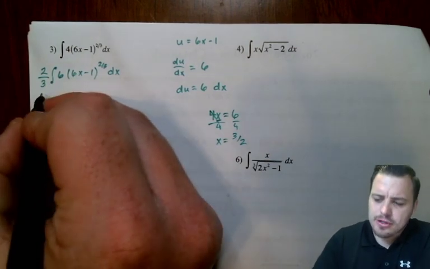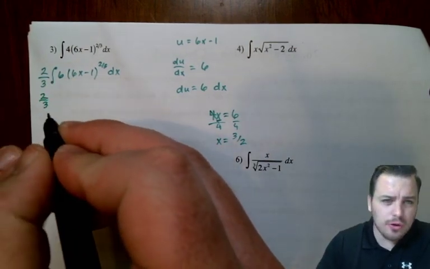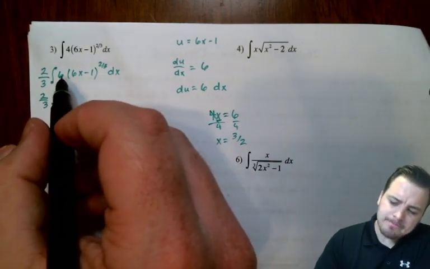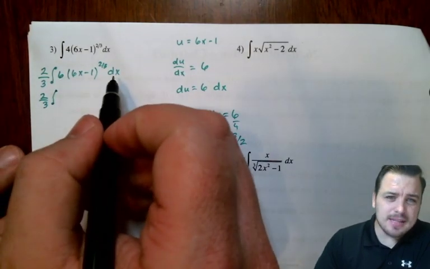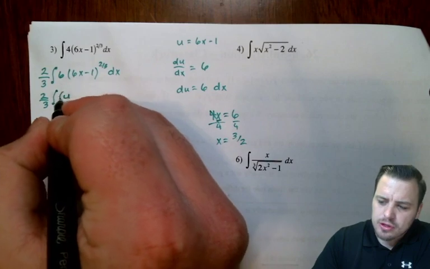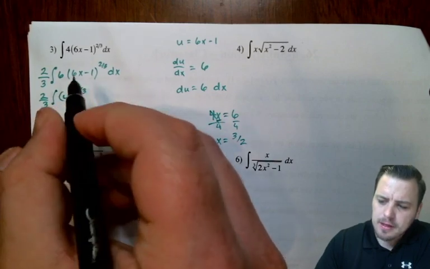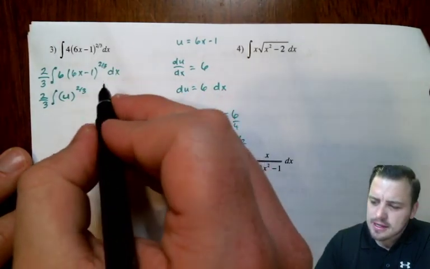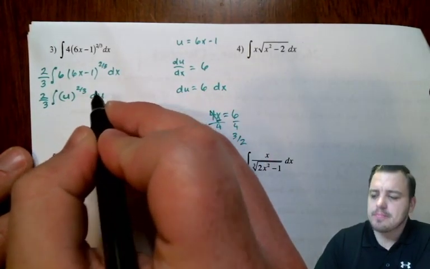From there, we say 2/3. We put it in terms of u. So 2/3 integral, the 6 times dx will go to our du here. And then this would just become u to the 2/3. Inside is u to the 2/3. And then we just say du.